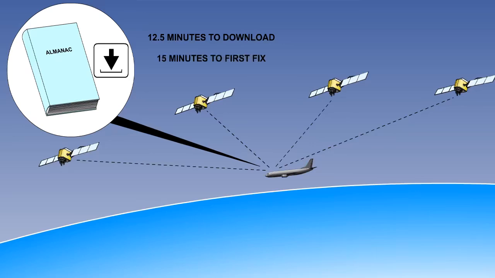The receiver will now carry out a sky search, which involves the receiver checking which SVs are above the horizon and selecting the 4 to give the most accurate fix, then commencing position fixing. This takes, at the least, a further 2.5 minutes. Hence, the time to first fix will be at least 15 minutes. If there are no problems, then the first fix, on initialization, will be obtained within about 30 seconds.